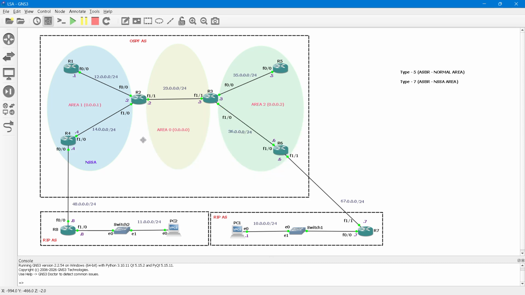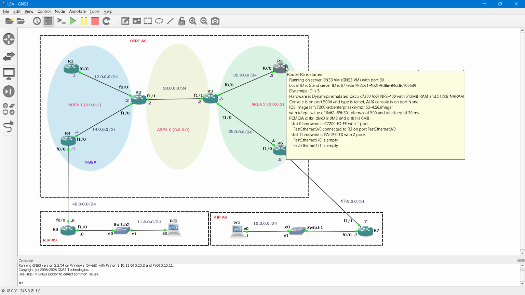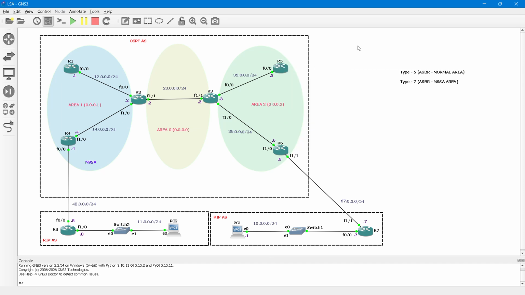Yes. So now in this condition, if I ask you how many type 5 LSAs R5 will have, what will be the answer? The answer is we will have 4 type 5 LSAs. Two are from our own ASBR, from its own area, which are network 67.0.0.0 and network 10.0.0.0.